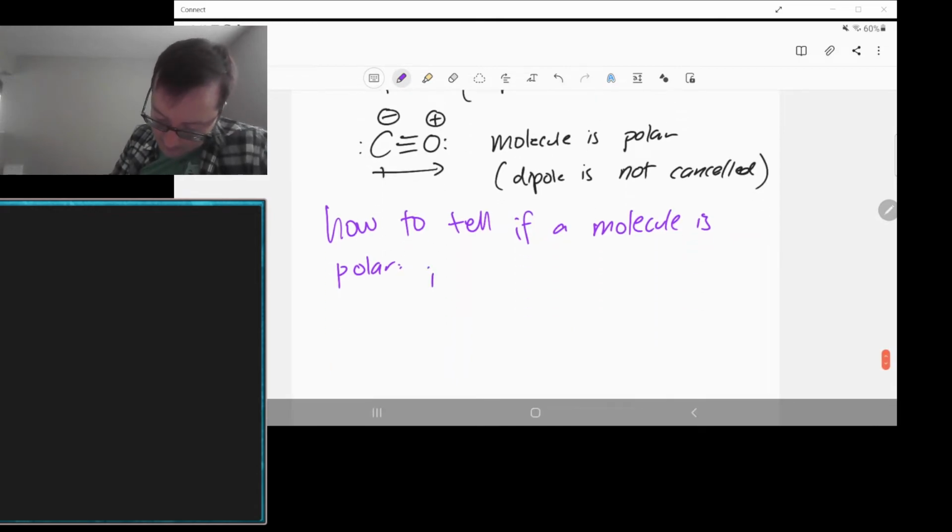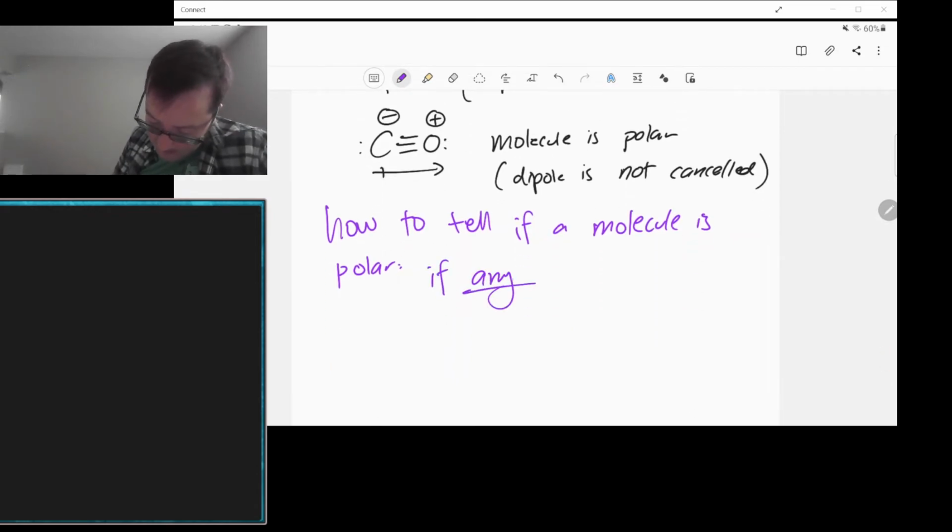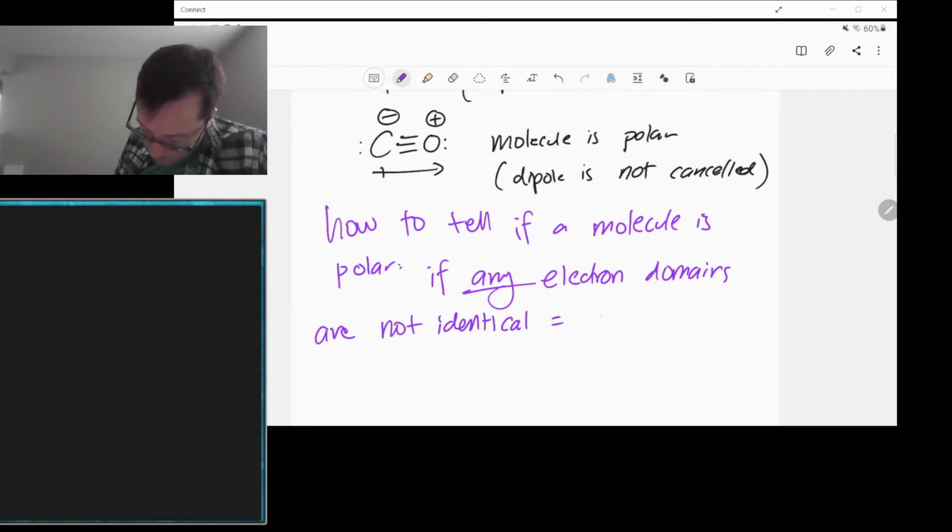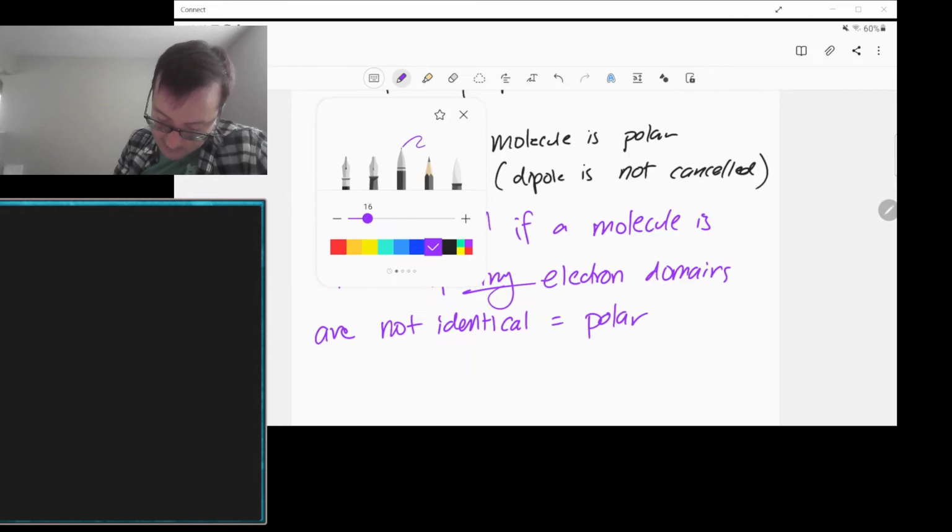Here we go. If any electron domains are non-identical, it's polar. That's it. That's as easy as it is. If you have any two electron domains on your central atom that are not identical to each other, you'll have a polar molecule. Here's an example.